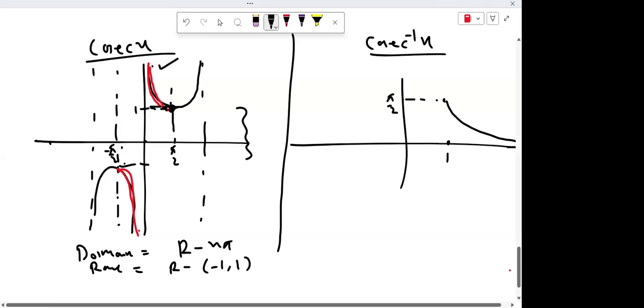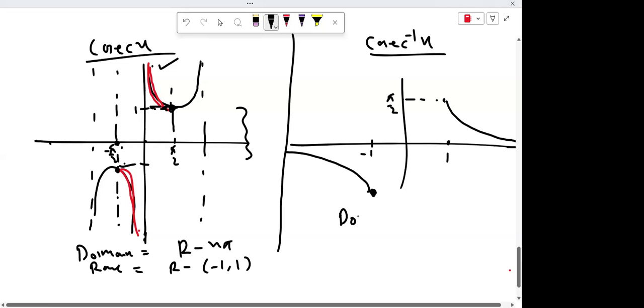Now the second part: it is minus pi by 2, minus 1. So at minus 1, it is minus pi by 2. And at 0, it becomes minus infinite, so at 0 it should become minus infinite. Something like this. This is the graph of cosec inverse x.